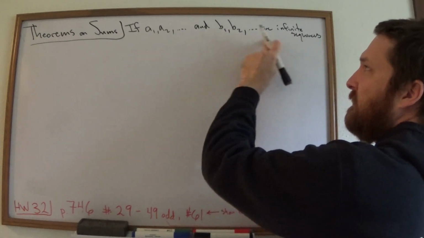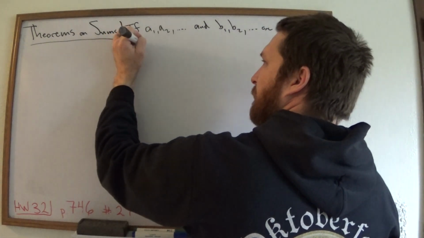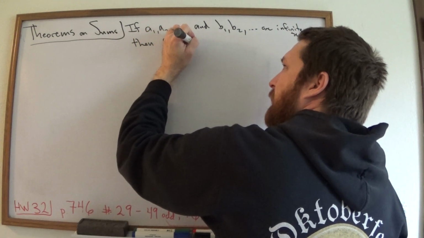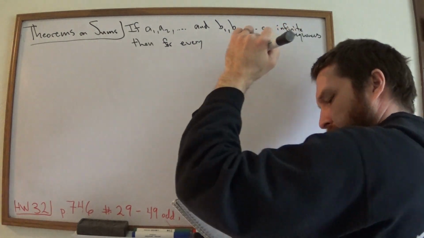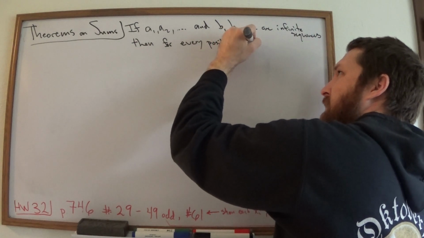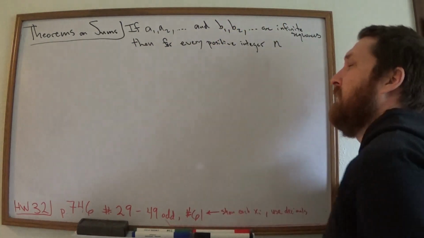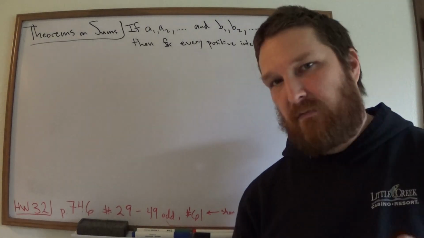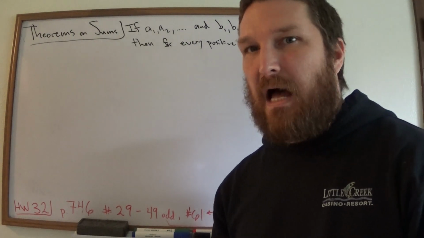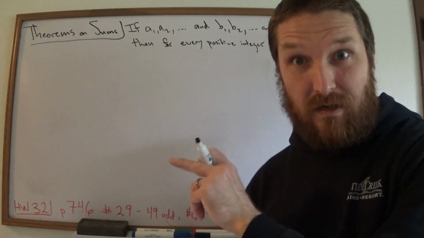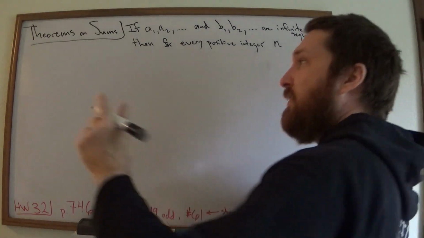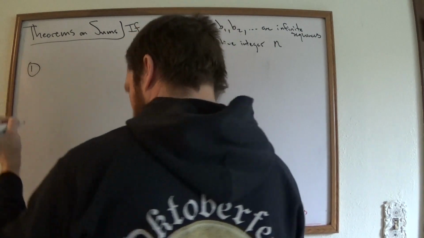Okay, so if you have two infinite sequences, then for every positive integer n, so you give me any positive integer, 1,000,000, 3, pi, oh wait, pi's not an integer. You see why we can't have pi. This has to be a positive integer. For every positive integer, then the following things are true.